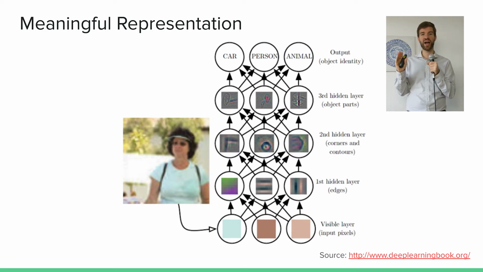Imagine you have a car neuron that really becomes active if its input is being fed with information about subparts of the car, tires, windows, whatever. So this is what we use, and this is why these things are so powerful, because this representation, we don't have to build it ourselves.